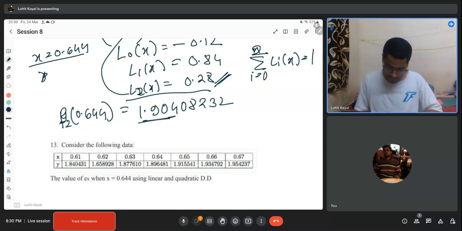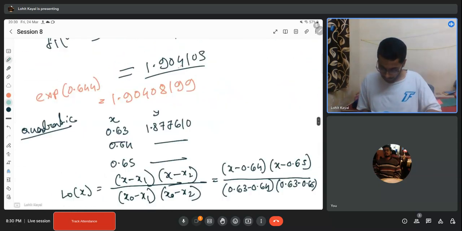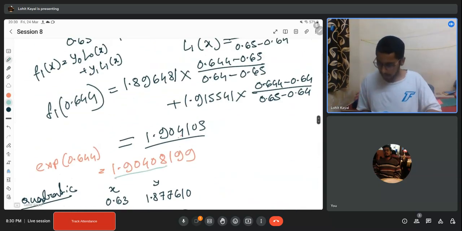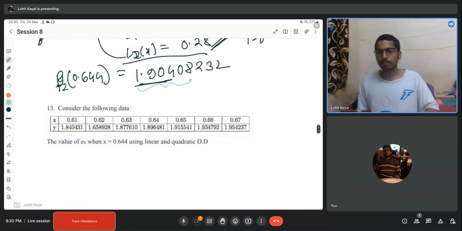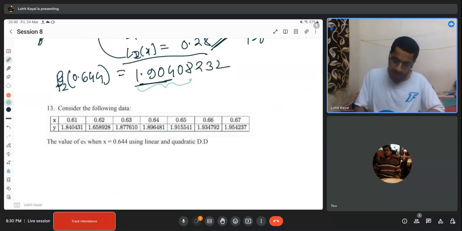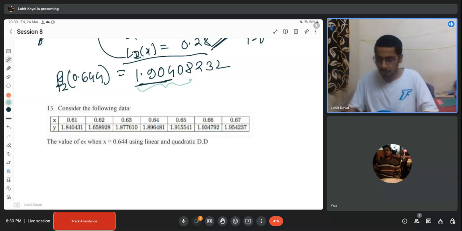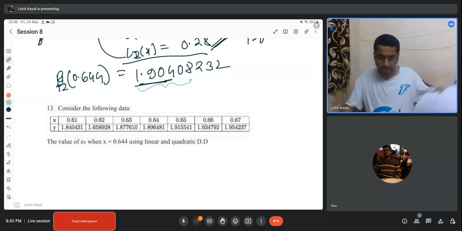Now it is correct up to 5 decimal points. Okay, so this is the improvement. Now I can do the same thing using the divided difference, and I will show that I can do it more easily. Okay, so let's do that.